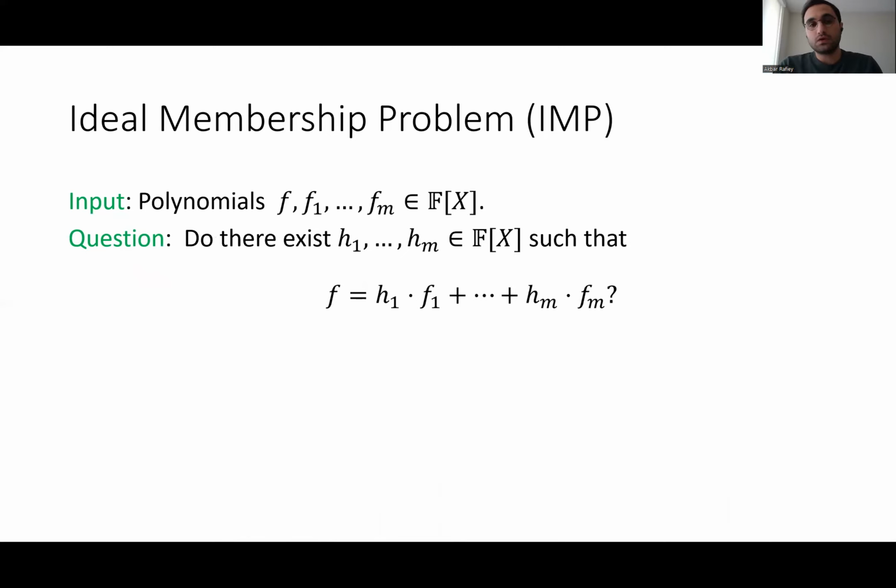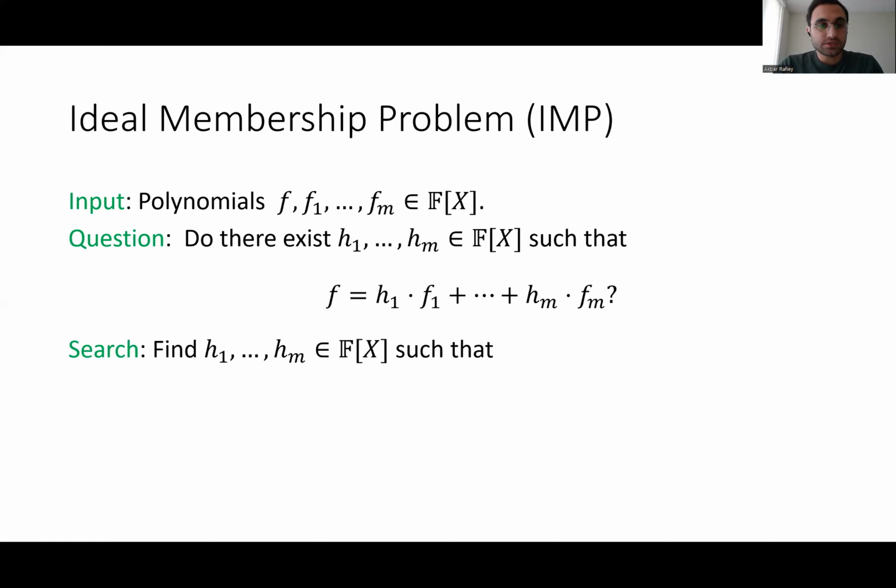Now we can formulate the problem as follows. As input, we have polynomials f and f1 to fm, which generate the ideal. The question is, do there exist polynomials h1 to hm such that we can write f as the sum h1 times f1 plus all the way to hm times fm?